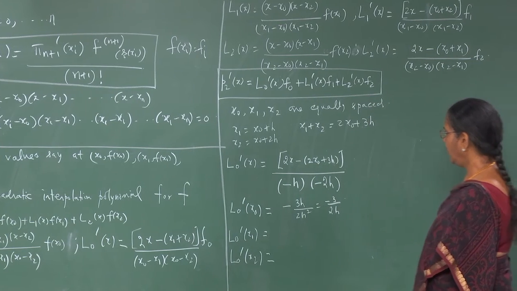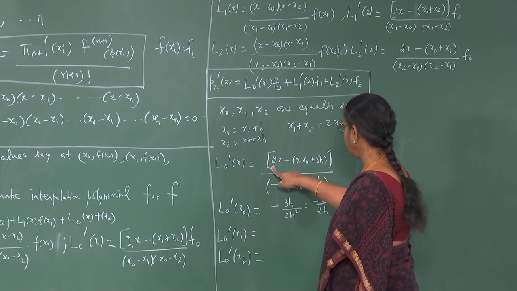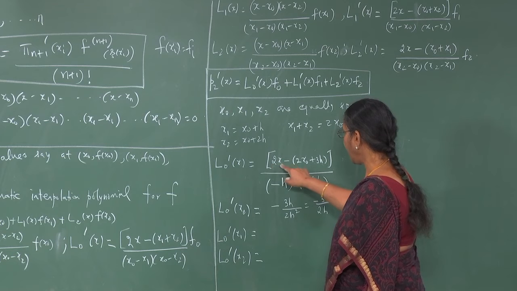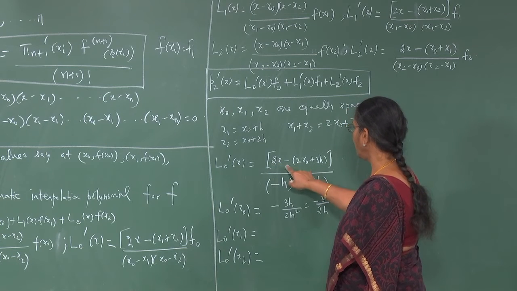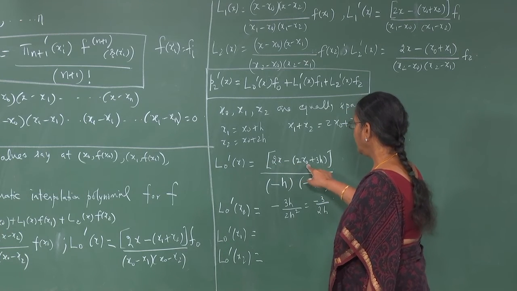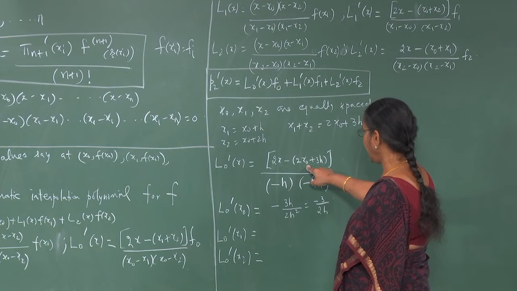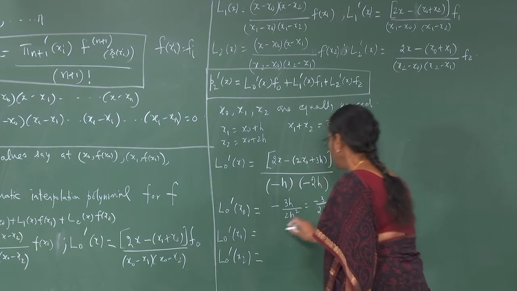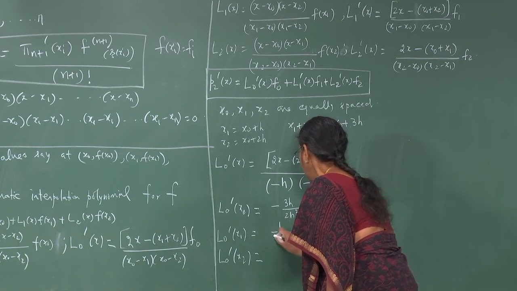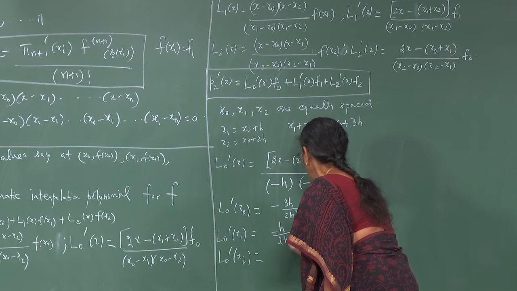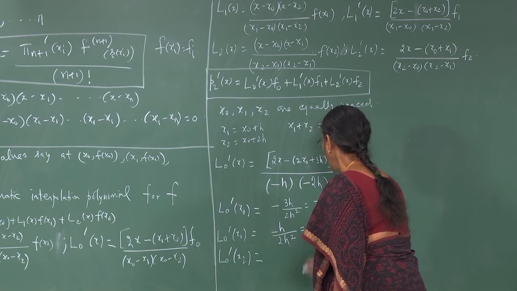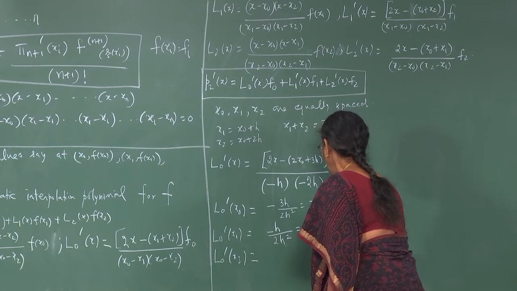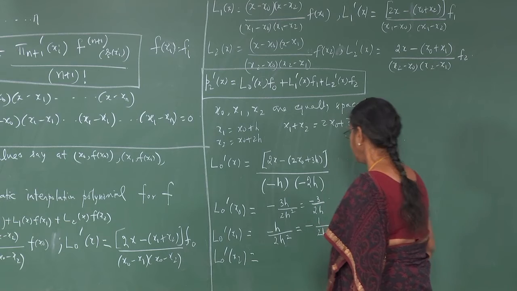Let us work out L0 dashed at x1. This will be 2x1 minus 2x0 minus 3h, which gives 2h minus 3h. So, this will give you minus h divided by 2h square, and therefore, this will give you minus 1 by 2h.